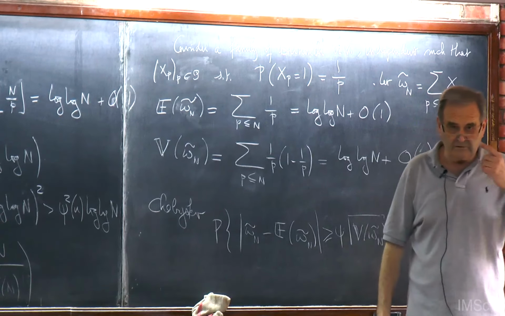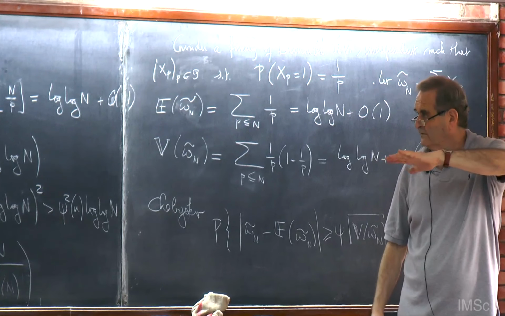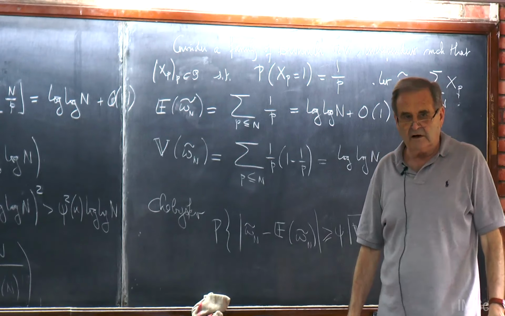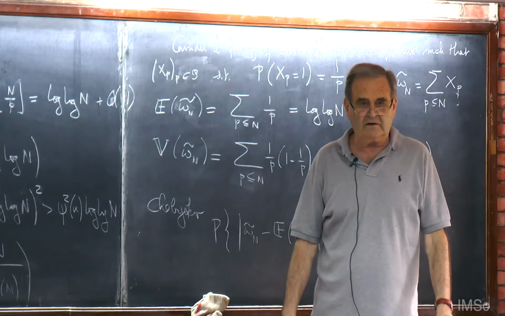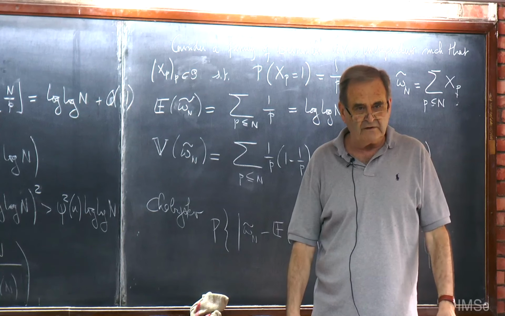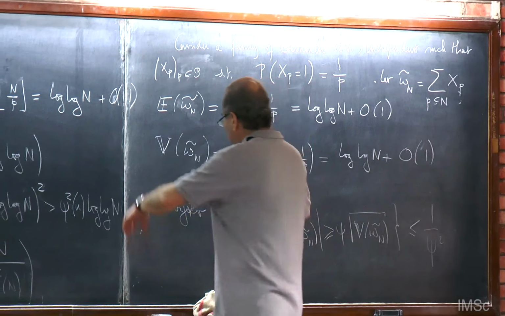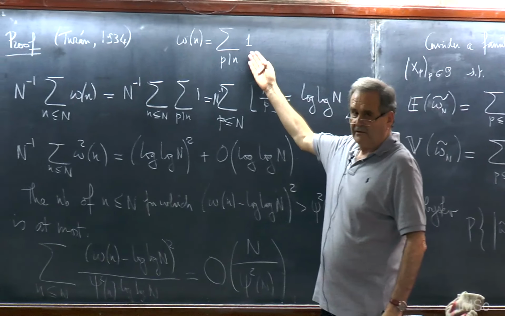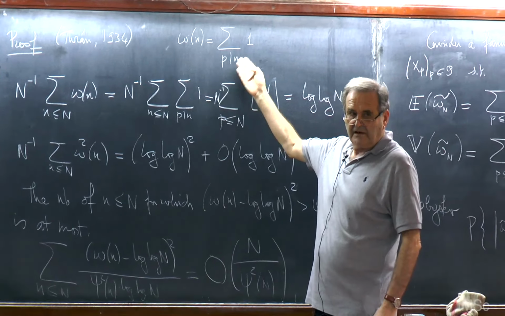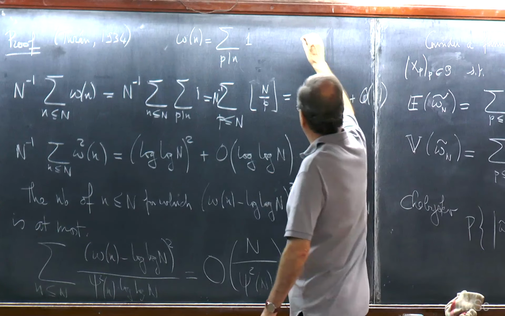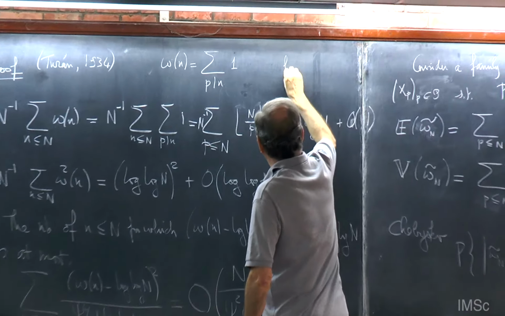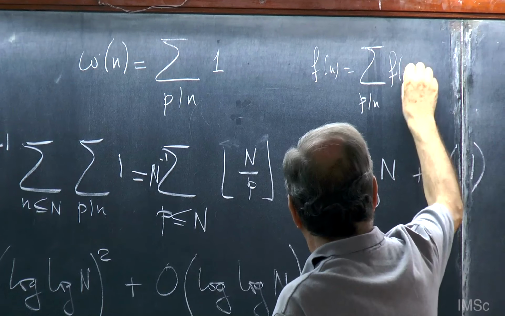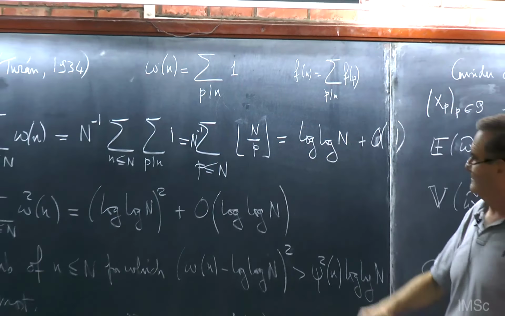So this is to introduce something which in the first part will in some way culminate, and then there will be applications of it, what is called the Turan-Kubilius inequality. It applies to a lot of functions which are additive, in the way that it is the sum over primes p dividing n of something. An additive function is f of n equal to the summation over p dividing n of f of p, at least what is called a strongly additive function.